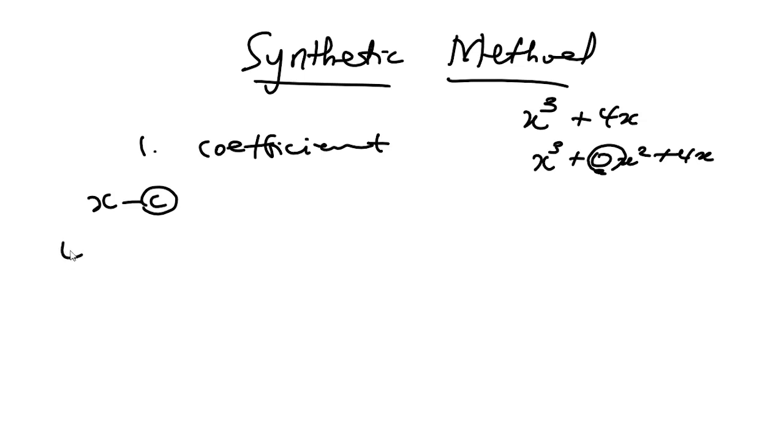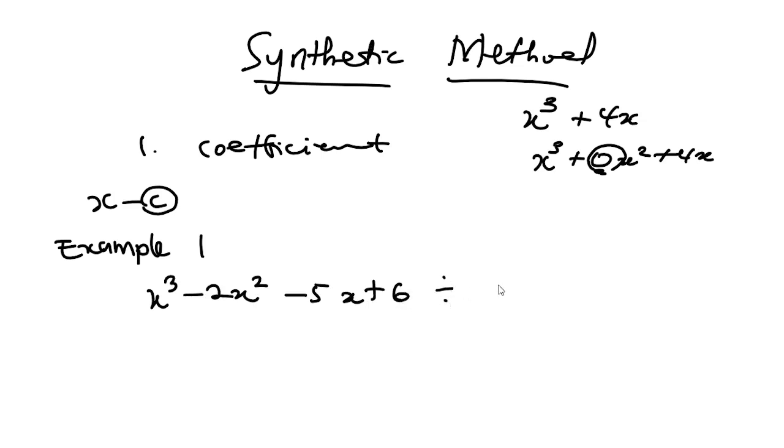Example 1: x cubed minus 2x squared minus 5x plus 6 divided by x minus 3.